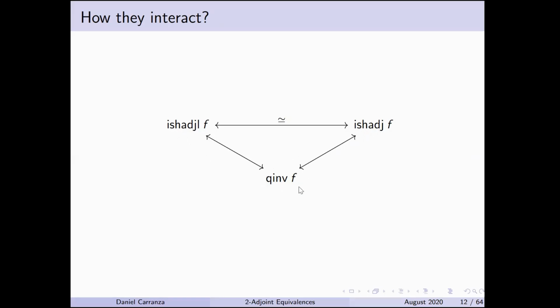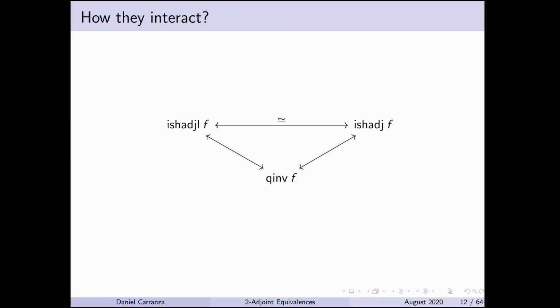So what's interesting is that you can promote any quasi-inverse to a half-adjoint equivalence or a left half-adjoint equivalence, and that you can go back and forth between these two types of equivalences. Not only that, these two types are propositions, as we know, which makes them equivalent to each other, right? There's a map back and forth between them, and they're propositions, so they're equivalent. This kind of summarizes everything that we know about equivalences right now.